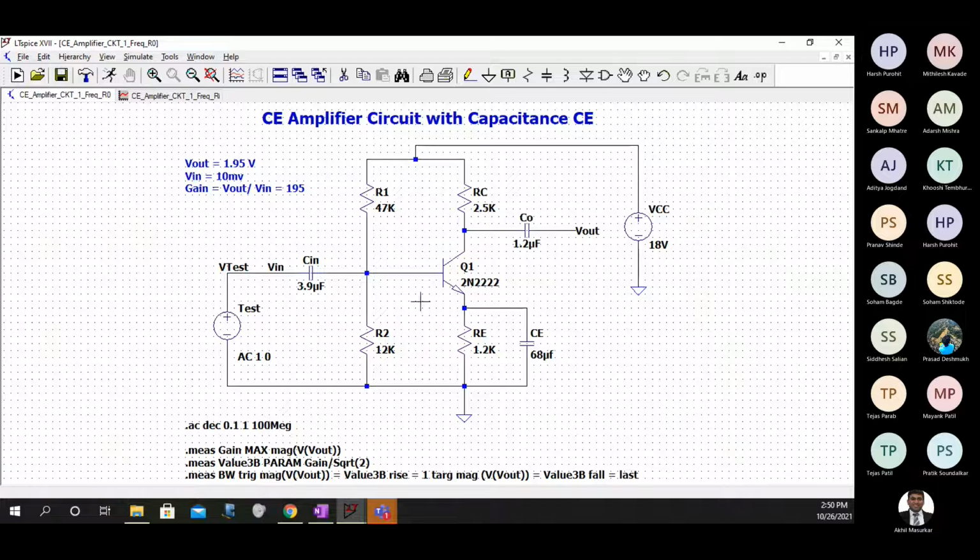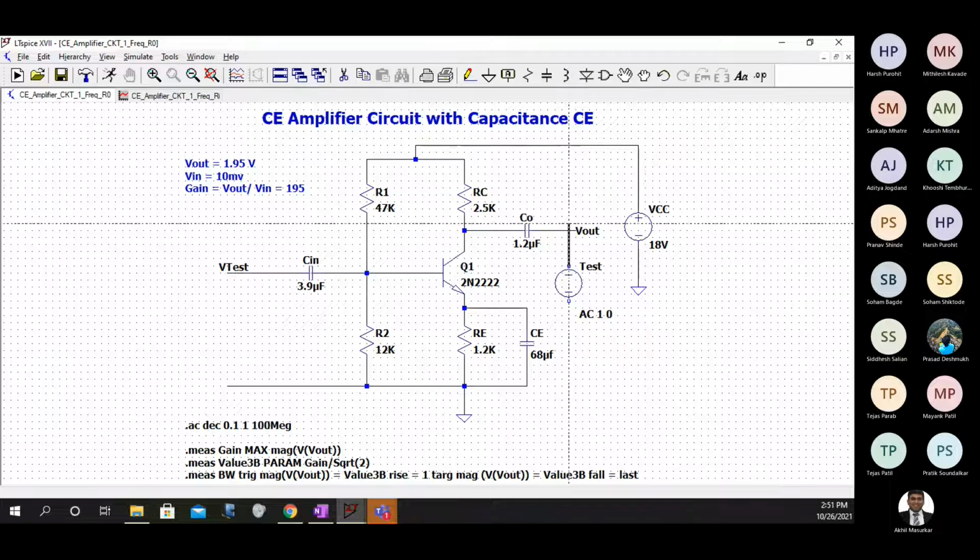And in this circuit, what we want to do is we'll pick this up and connect it at the output. Do some changes here. And we'll connect here ground.